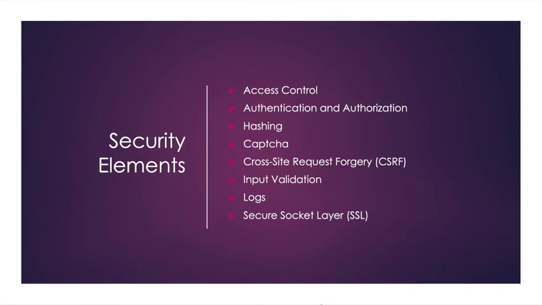So access control is significant to prevent users from accessing other users' information. Access control authorizes the appropriate level of access and allowed actions that are associated with the user's ID. As for authentication and authorization, authentication is verifying the identity of the user and is performed using an email and password, and authorization is to control the user's actions in the system.